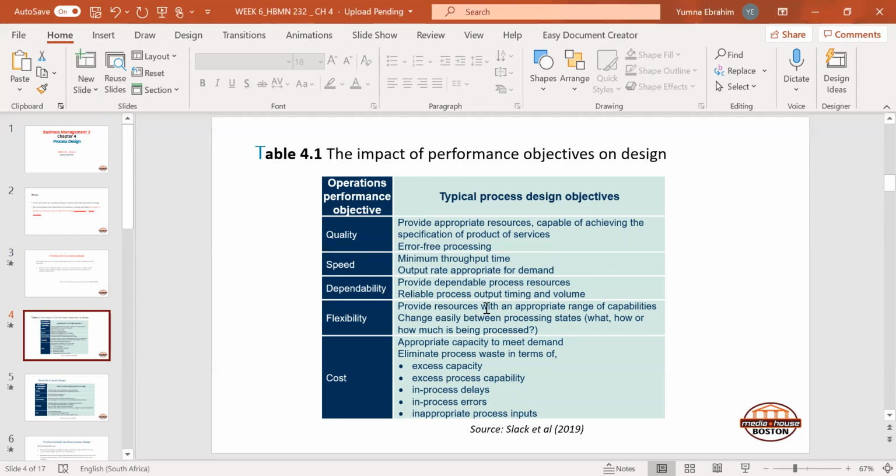There has to be a lot of flexibility in the processes if you don't have a generator to work around load shedding. Okay, then cost. You must design your process to eliminate or get rid of wastage of capacity, using inappropriate inputs. Again, that's a form of waste.